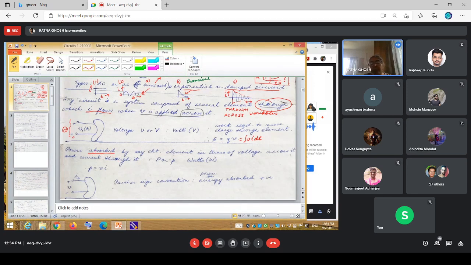By convention, power absorbed is positive. So how much is the power absorbed by any circuit element in terms of the voltage across it and the current through it, denoted by capital P or small p, as the case might be, units watts, capital W.